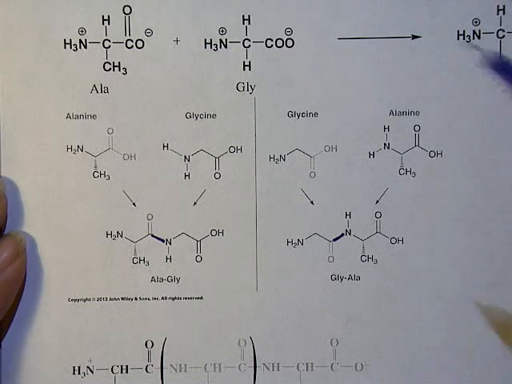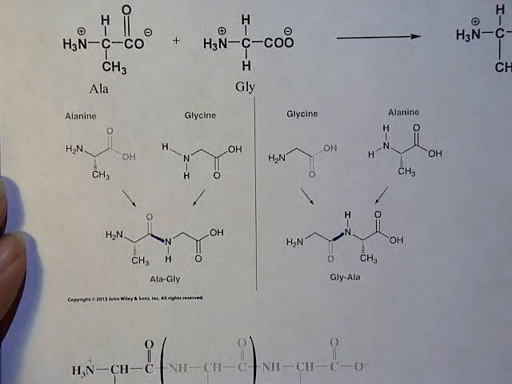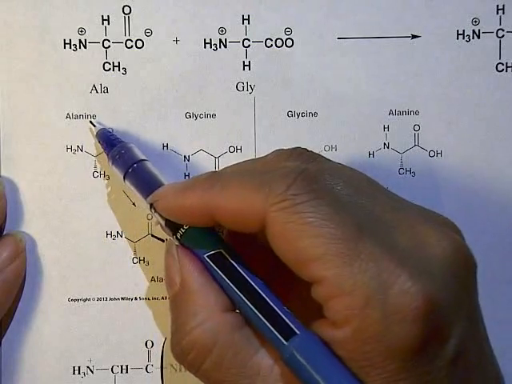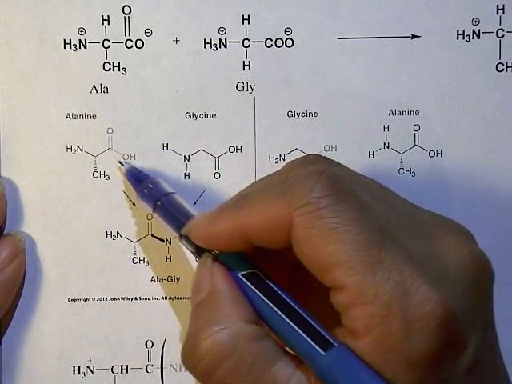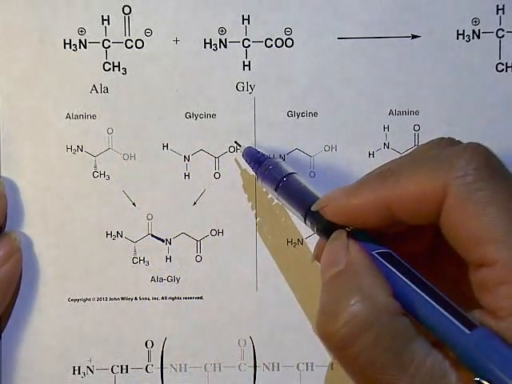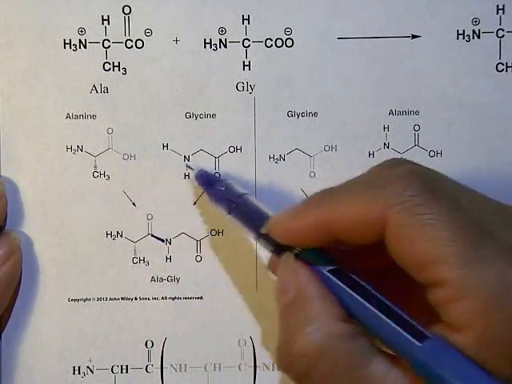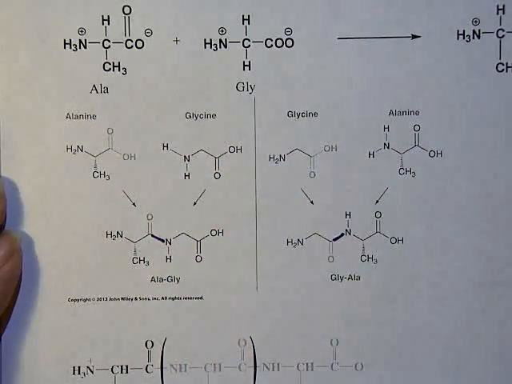And notice, depending on which amino acid is on the left side versus which is on the right side, you would be using different functional groups, all right? So notice the amino acid on the left will use the carboxylic acid, and the amino acid on the right will use the amine to combine to make an amide.